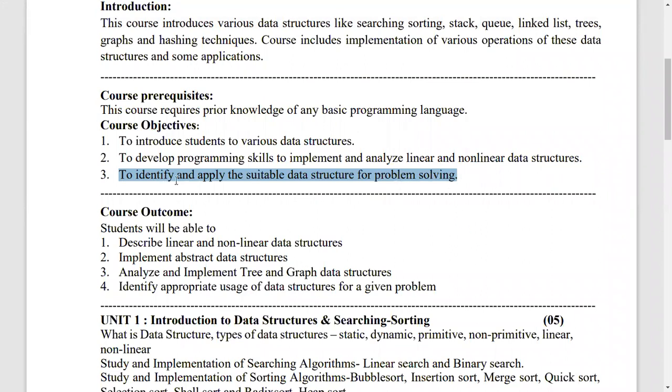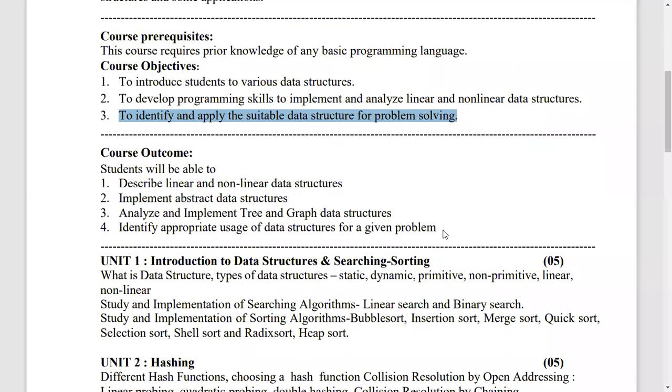At the time of providing the solution, what type of data structure we need to use depends on the complexity of the problem. For that purpose we need to study the types of data structures and their applications also. At that time, you will understand this third objective.